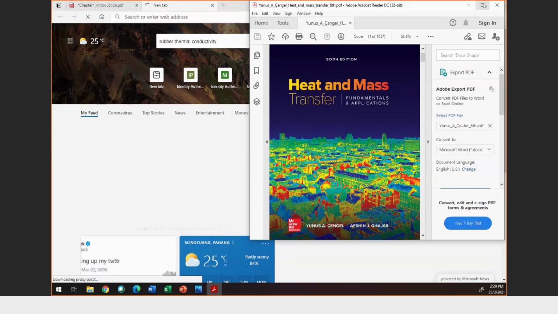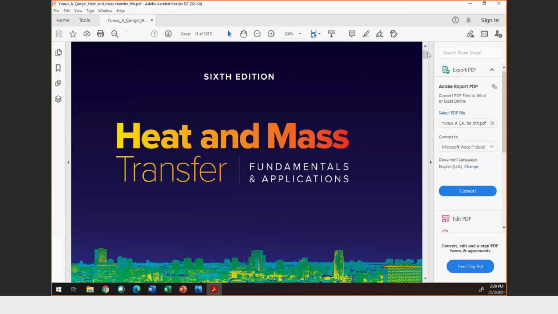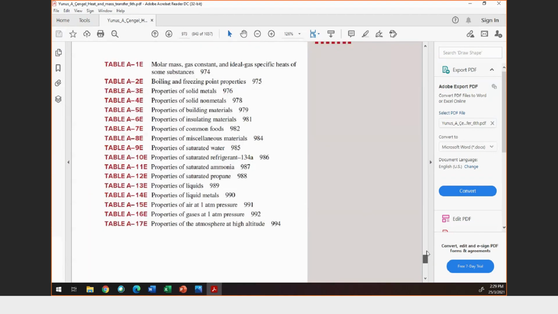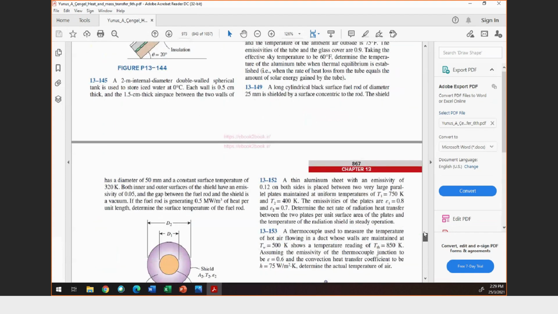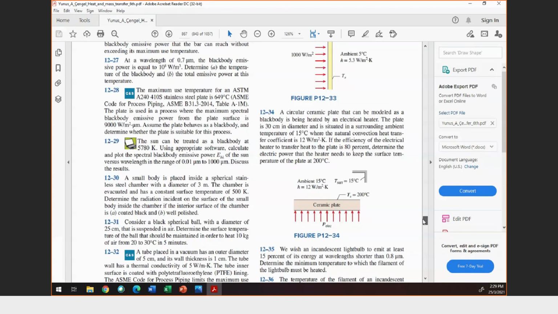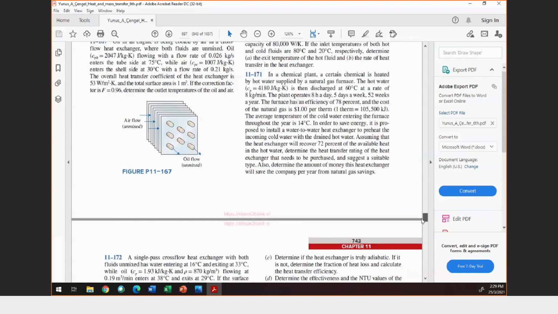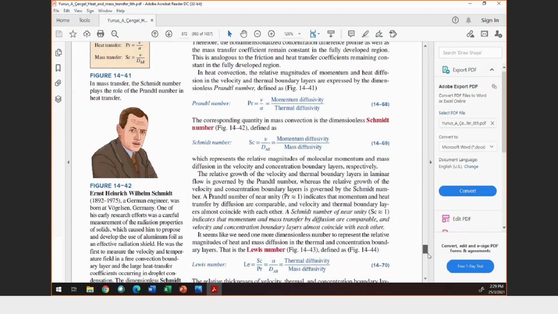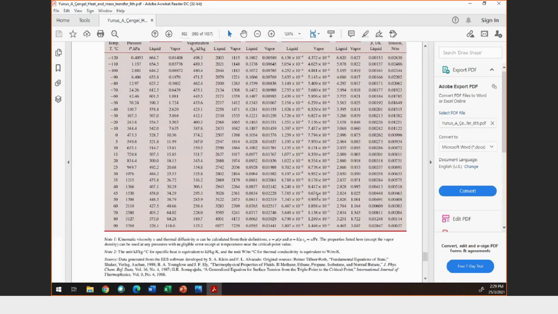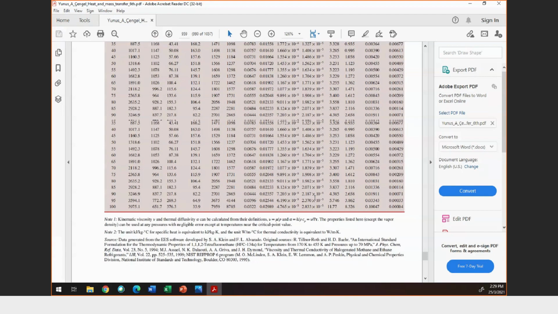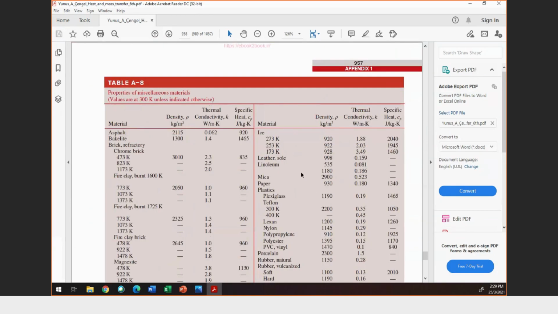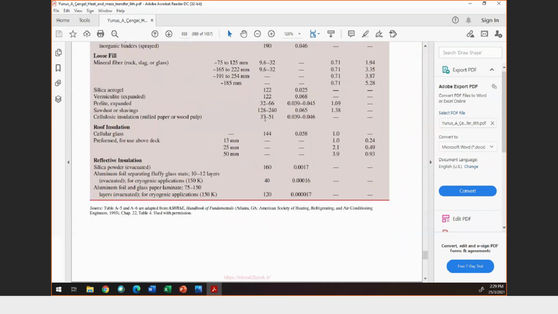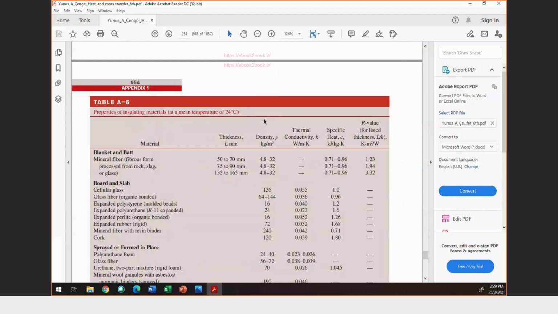If we go to the textbook, you can find it from the tables. It's basically the same as thermodynamics.